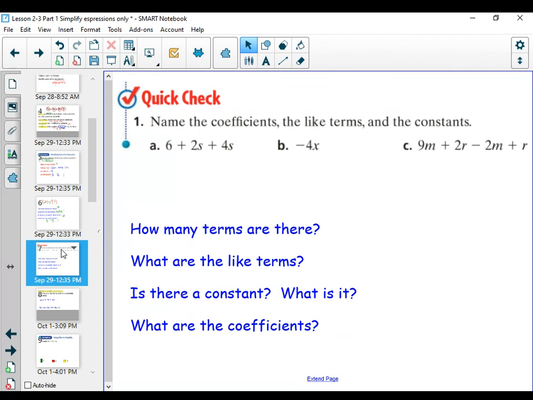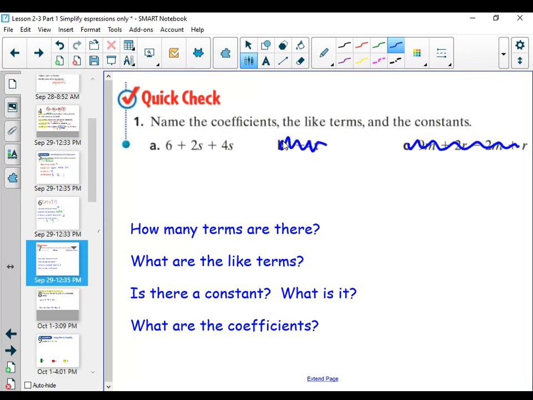Working my way down the notes. The next one I see, 6 plus 2s plus 4s. How many terms are there? 3 this time. Good thing I just didn't write 4 every time like I was thinking before.